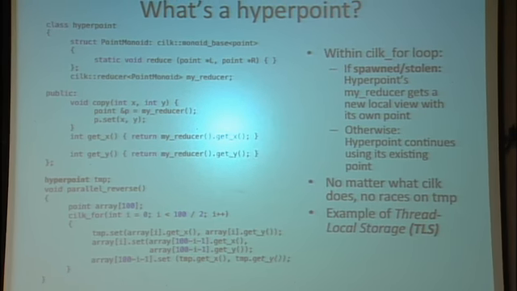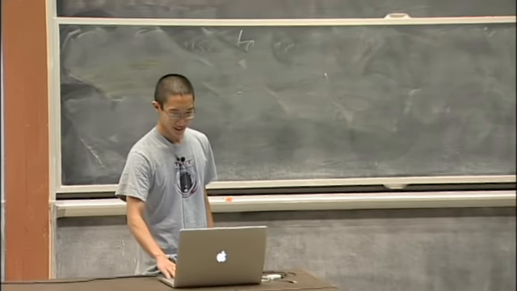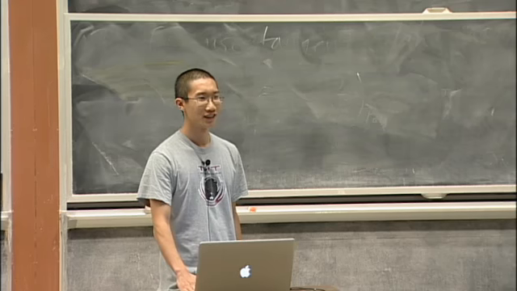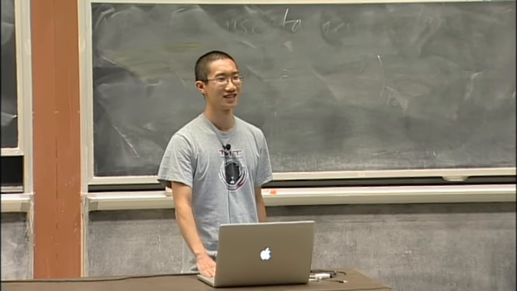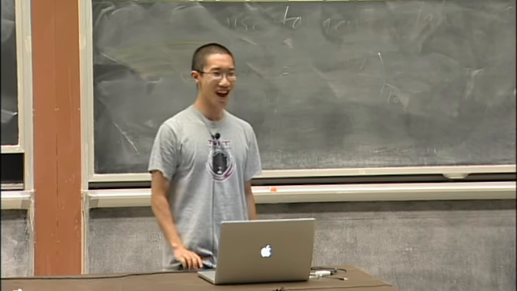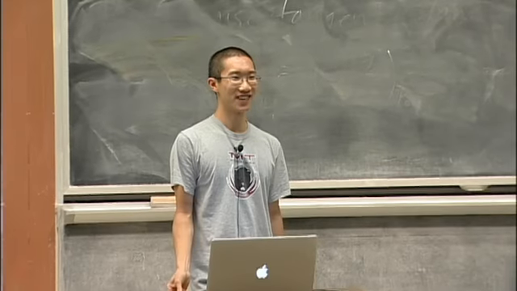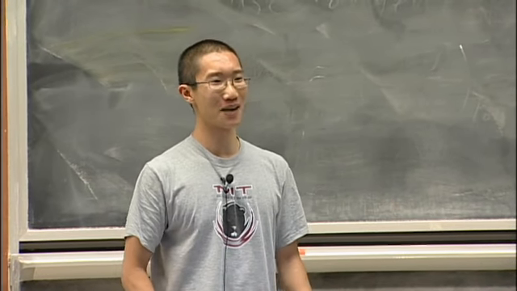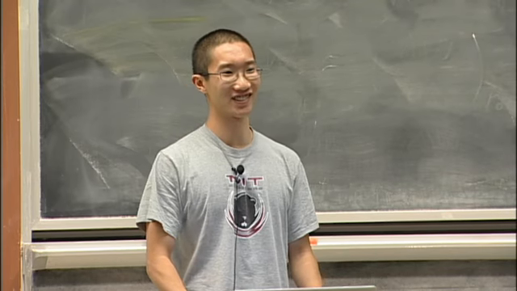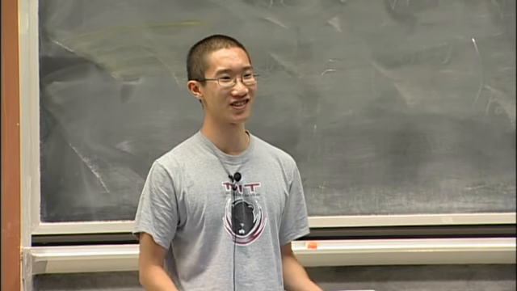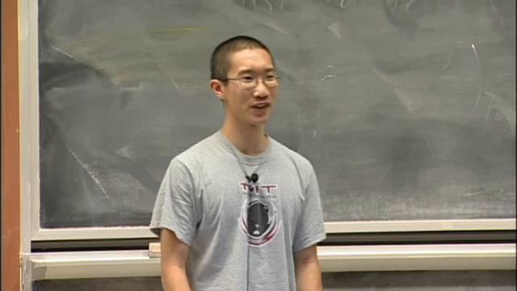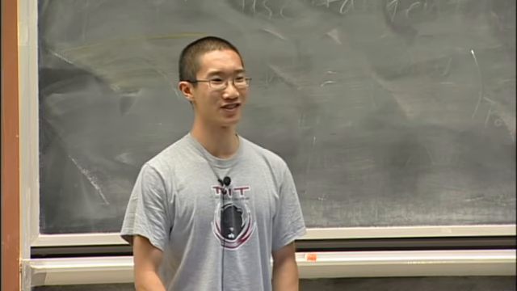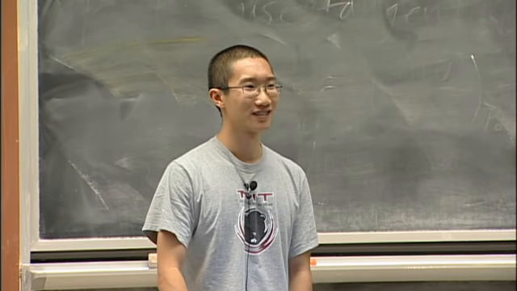Any questions? Cool. On the quiz, you might be asked about various other novel hyperobjects that don't do the typical thing, which is take a left and right and reduce them. They might do something a little bit quirky, and you might be asked to explain what they do.